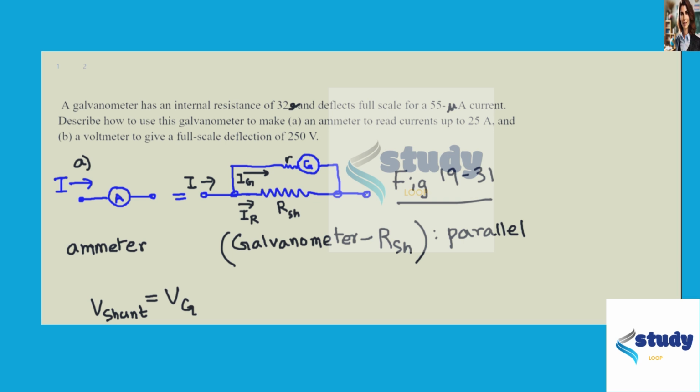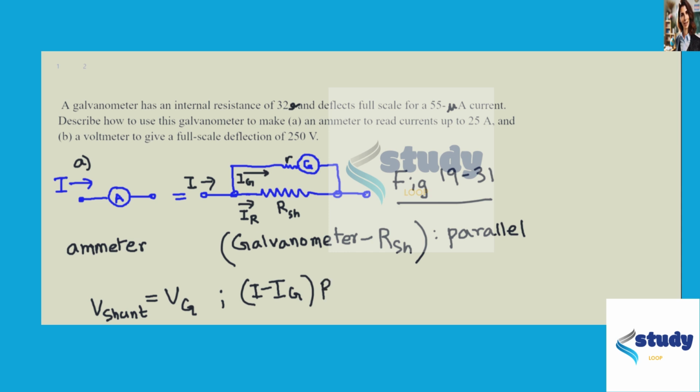across the resistor. Now using Ohm's law, we can write I minus Ig. So as we mentioned, I is the total current. So I minus Ig is the current that's passing through the resistor.